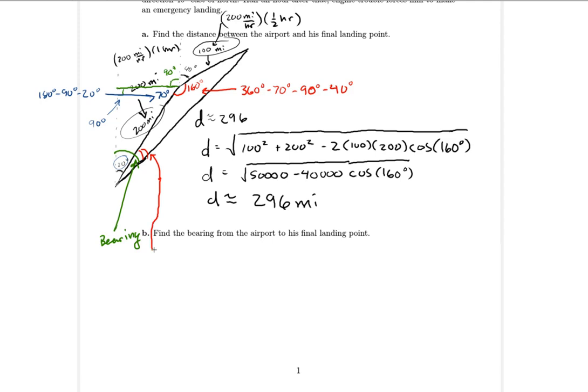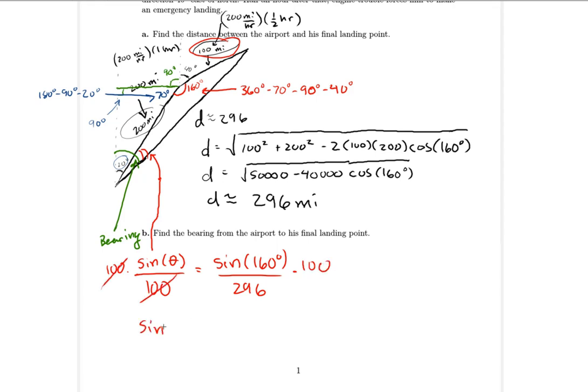So what I'll say here is this will be the sine of my angle divided by the opposite side from it, is equal to the sine of 160 divided by the opposite side to it, which is 296. And then, of course, I can work on getting the sine of theta all by itself. So that's 100 times the sine of 160.